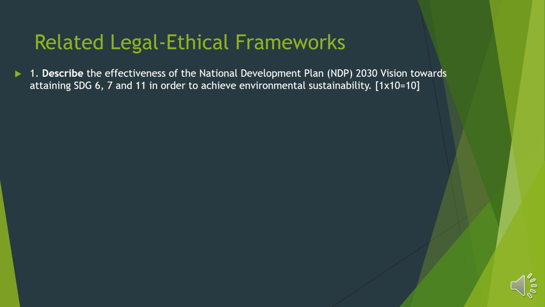How effective has the National Development Plan 2030 vision been in our country in ensuring that we achieve SDG number 6, 7, and 11. I'll make an example with clean water and good sanitation as the SDG, just looking at its effectiveness currently, because this National Development Plan is what we want to achieve by 2030.